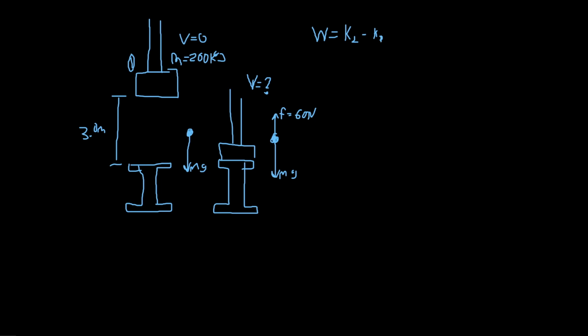But as we remembered, kinetic energy is equal to 1 over 2 mass times velocity squared. So when that velocity is 0, this means that the kinetic energy is also 0. That eliminates us having to solve for the initial kinetic energy. And work is also equal to force times displacement.